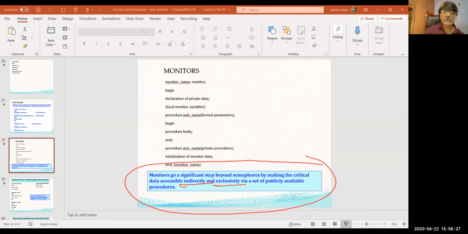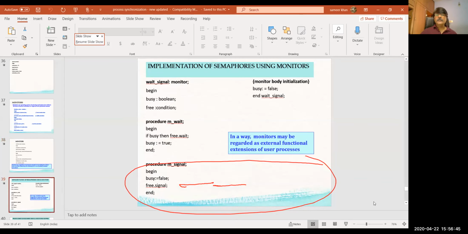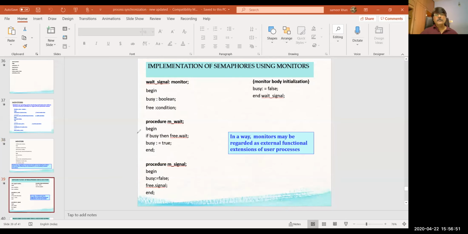So the next slide. I said we'll implement semaphores by using monitors. Now see here in this slide, there is a program, or an algorithm.